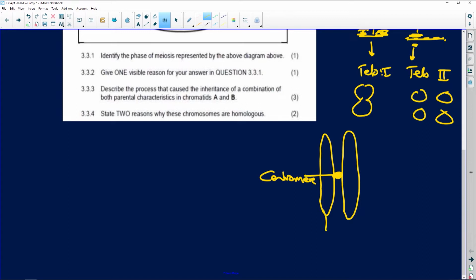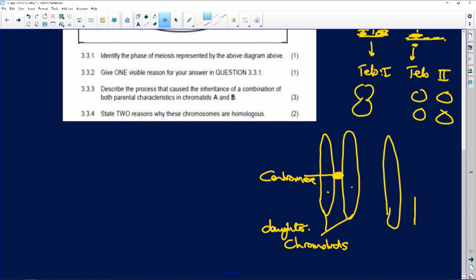And those chromatids are going to be called daughter chromatids, because they are duplicates of each other, this one and that one. Now, we'll have this chromosome here joined together. So there are 2 daughter chromatids as well.